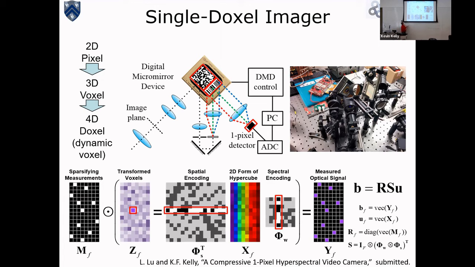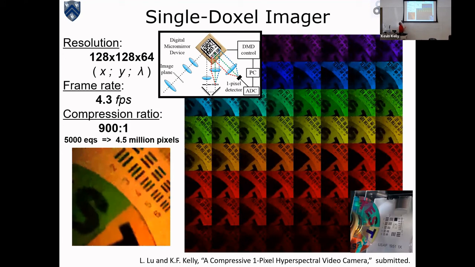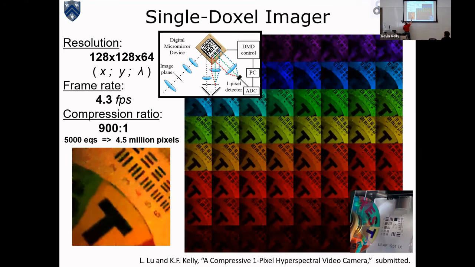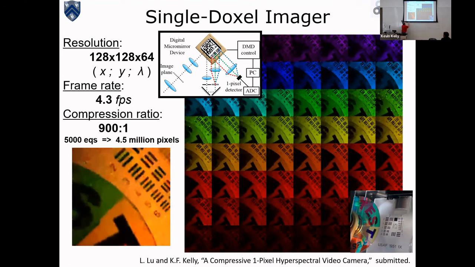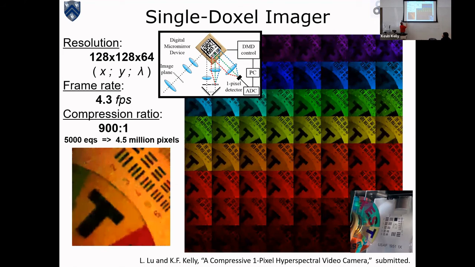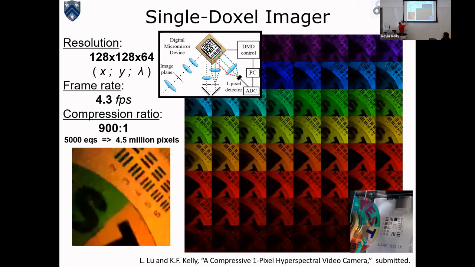But again, we are sparse sampling these 3D voxels. This is 128 by 128 spatial pixels by 64 spectral channels at 4 frames a second video, and all we took was 5,000 measurements a second off the detector. That's it, 5 kilohertz.